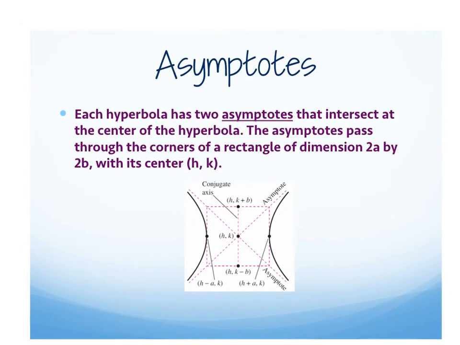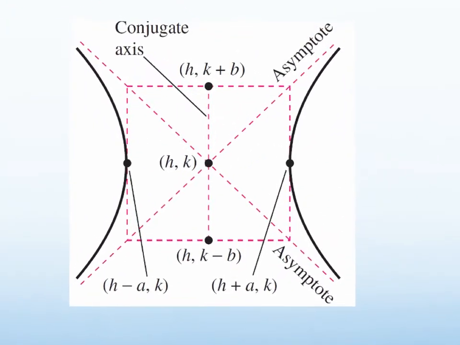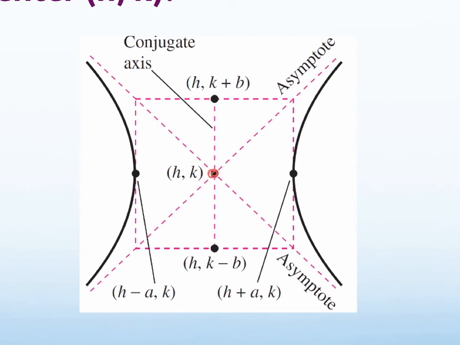All right, asymptotes. So we said the asymptotes are the lines that are going to create how wide or narrow my branches are. Each hyperbola has 2 asymptotes that intersect at the center of the hyperbola. The asymptotes pass through the corners of a rectangle of dimension 2a by 2b with its center at (h, k). So if I look closer at this diagram, here's my center right at (h, k) in the middle here.